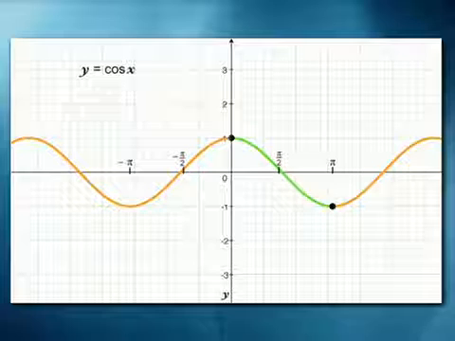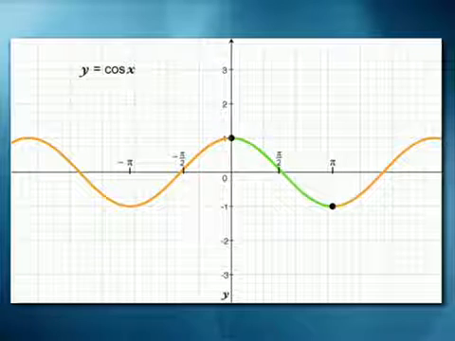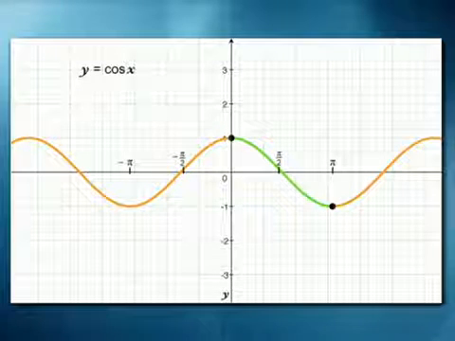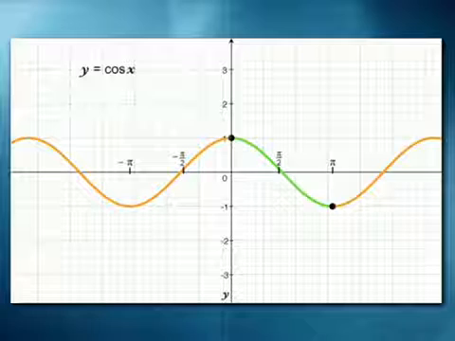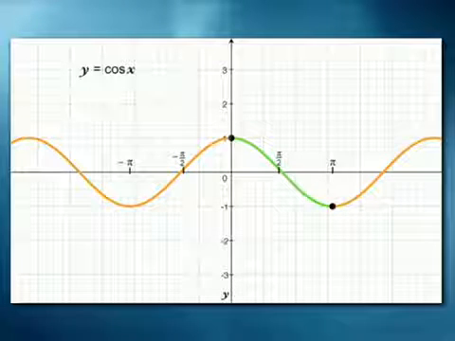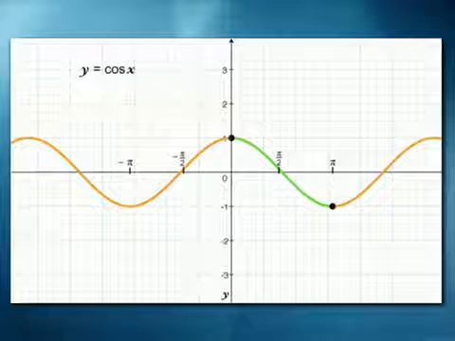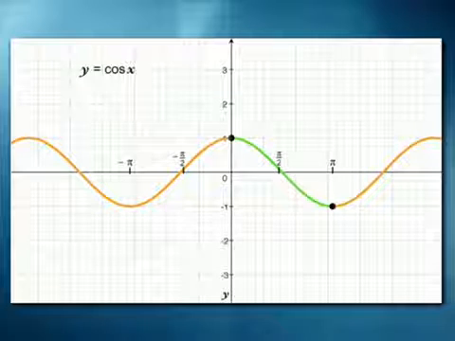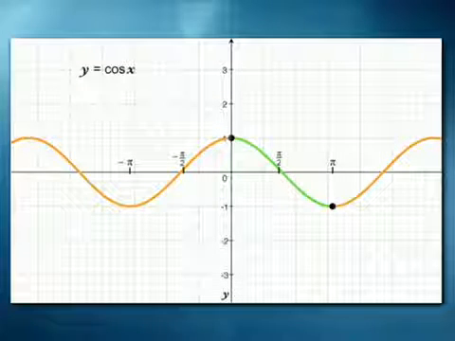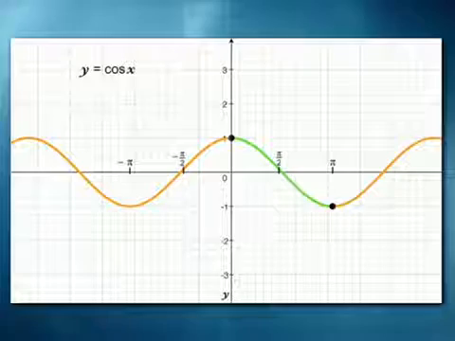On that interval, indicated in green on the graph, indeed, the cosine graph passes the horizontal line test, doesn't it? It didn't pass it on the full domain, but by restricting it, it's 1-to-1.